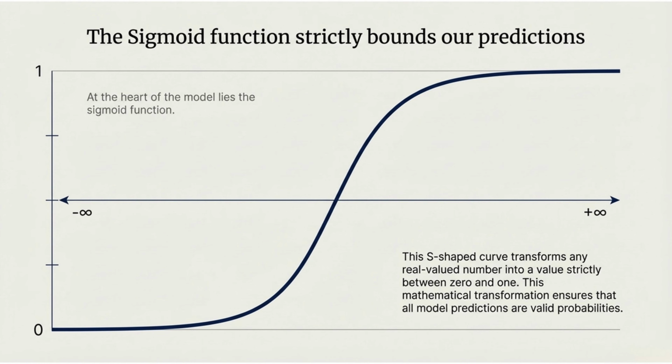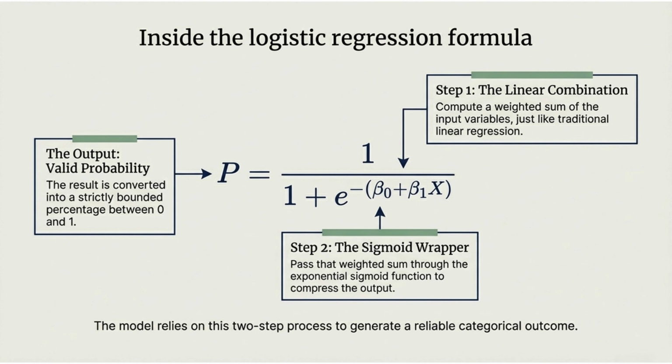At the heart of logistic regression lies the sigmoid function. This S-shaped curve transforms any real-valued number into a value between 0 and 1. This ensures that our predictions are valid probabilities. The logistic regression model applies the sigmoid function to a linear combination of input variables.